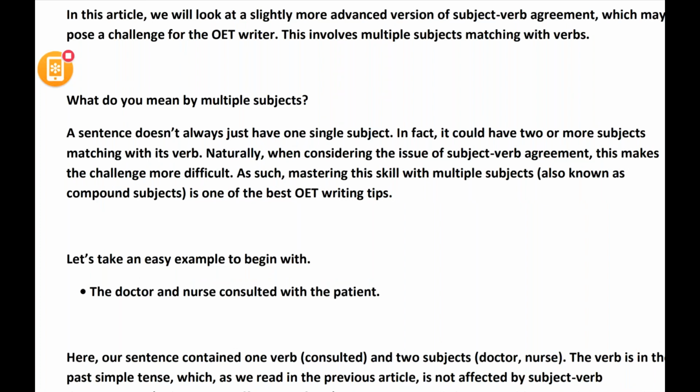If there is one subject, you know which verb to use if it is singular. Now in this sentence, there are two nouns: one is doctor, another is nurse. Two subjects, only one verb, consulted. Is it matching? Is it correct or not?